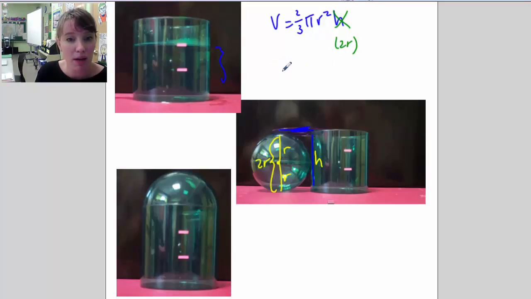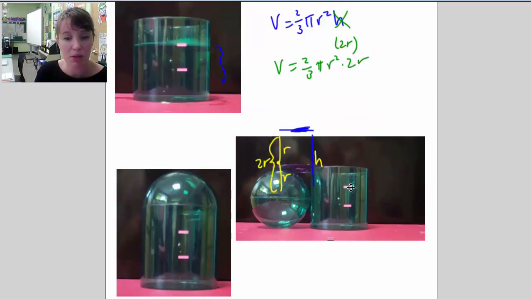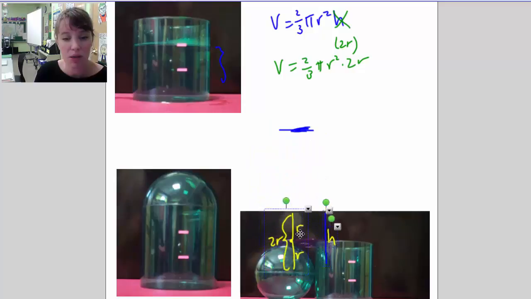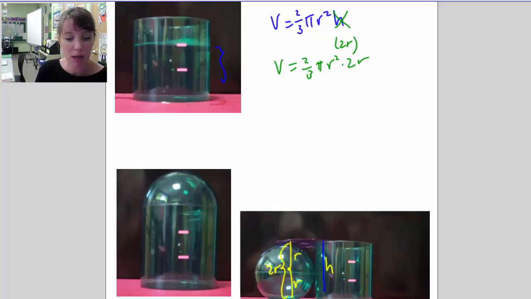So let's see what we have here. We have the volume is equal to 2/3 times pi times r squared times 2r. Well, we can clean this up a little bit by combining the r. If I have r to the first power and r squared, that's r cubed.